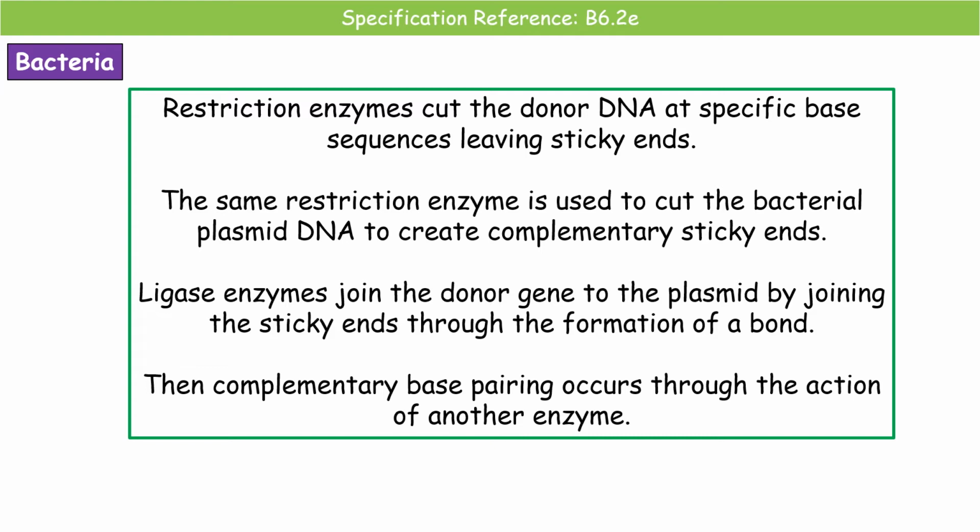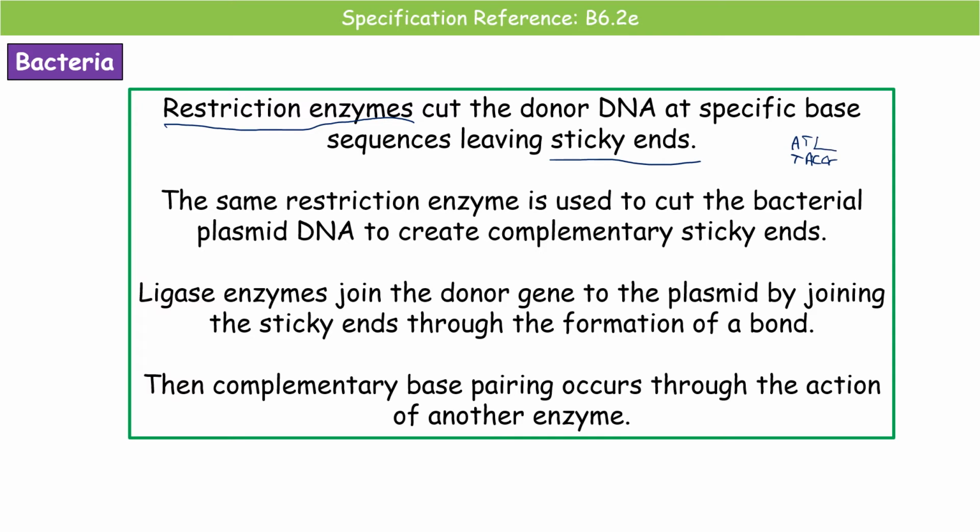Key things we need to remember, folks. Restriction enzymes are the ones that cut the DNA, and they're going to leave these things called sticky ends. Now, a sticky end, quite simply, is just where we've got a little sequence that has a little bit sticking out.